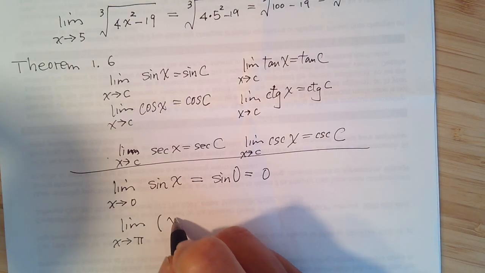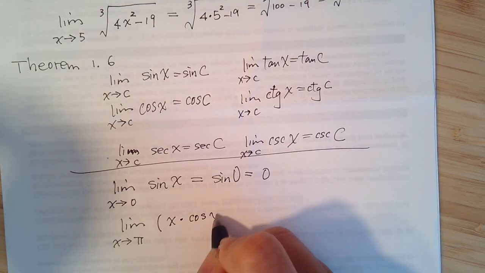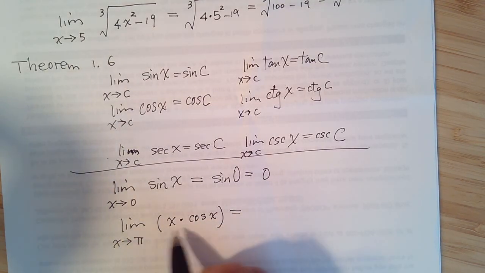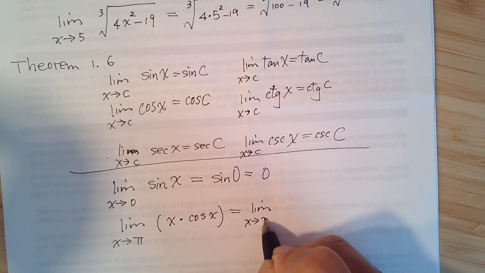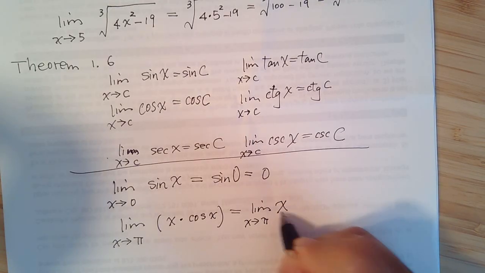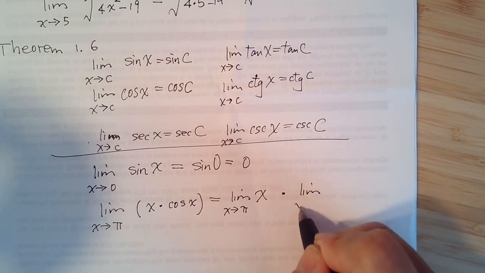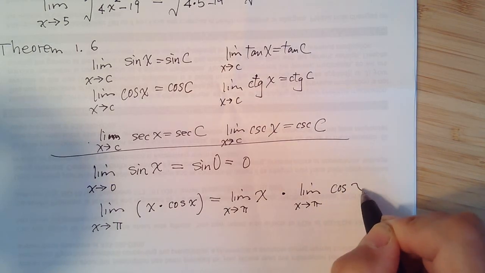Of x times cosine x. Because this is the limit of a product, it's going to be the limit as x approaches pi of the first, multiplied by the limit as x approaches pi of cosine x.